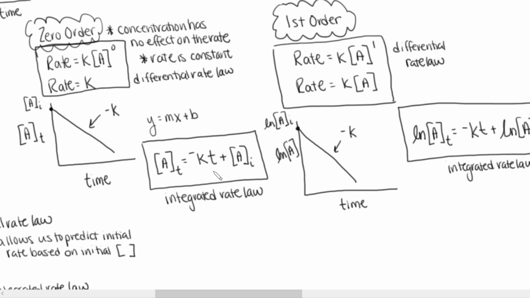Okay, so if I were to try to derive what is the half-life, or the time that it takes to go from 1 molar to 0.5 molar for this 0 order reaction, I would get a half-life equation, T1 half, is equal to the concentration of A initial over 2 times the rate constant.